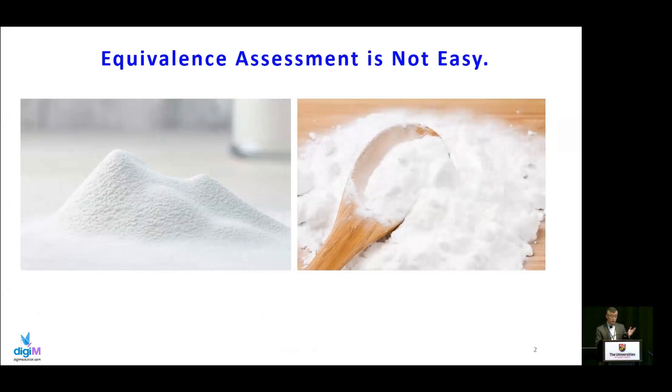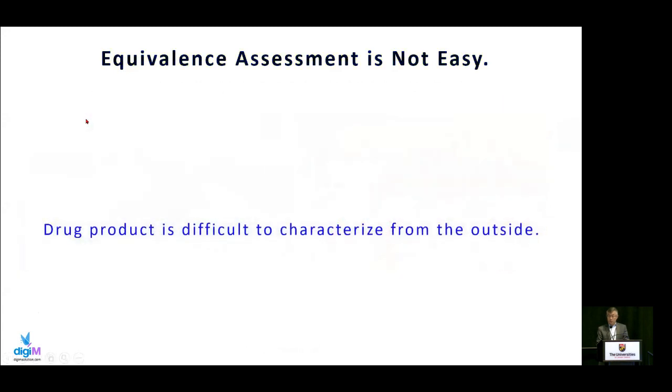Looking at the substance in the very early phase, or looking at the final product and testing it, neither is actually very easy. Drug product is difficult to characterize, particularly if we want to characterize it as a black box from the outside.